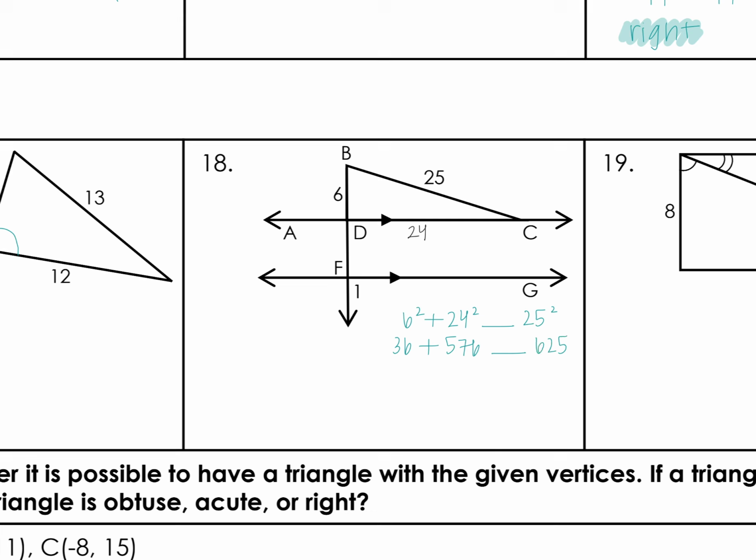Okay, so when I add the 36 plus the 576, I'm going to get 612, which is going to be less than my 625 that we got for our C. And so that means that this is an obtuse triangle. Well, since this angle here is going to be opposite of that 25, that longer side, that means that this angle is obtuse. Okay, so I'm just going to mark that this is an obtuse angle.